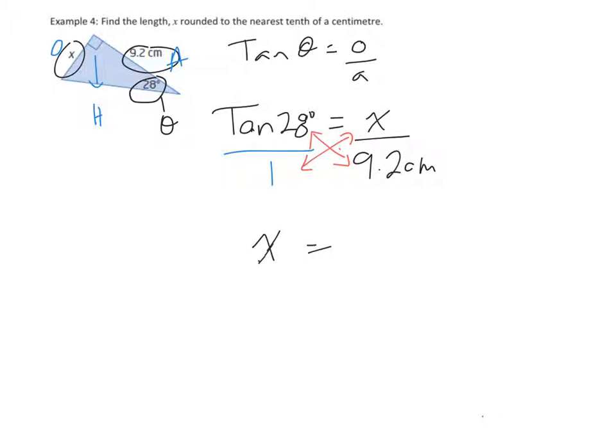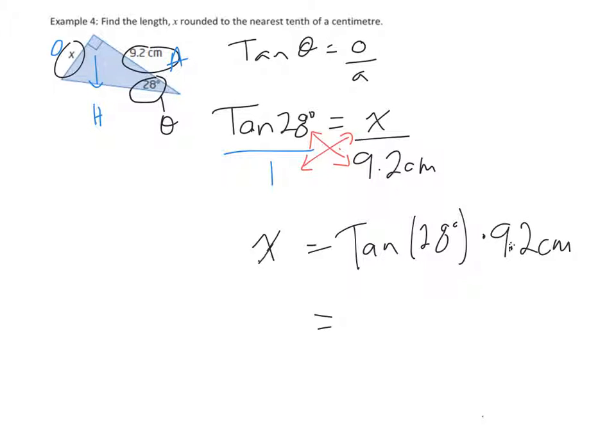And the next thing you're going to do is say that equals the tan of 28 degrees, I'll just use a dot to represent times, 9.2 centimeters, and that's a decimal right there. I don't know if you can really see it. I'll just try to dot the screen a thousand times and make it look like a decimal. There we go. So now I punch that into my calculator, literally in that order.